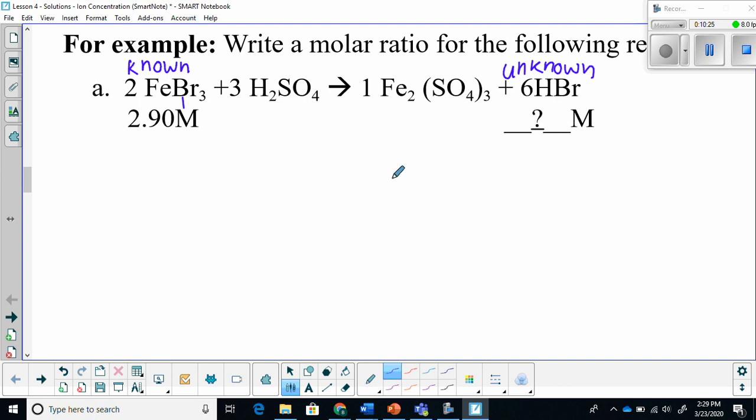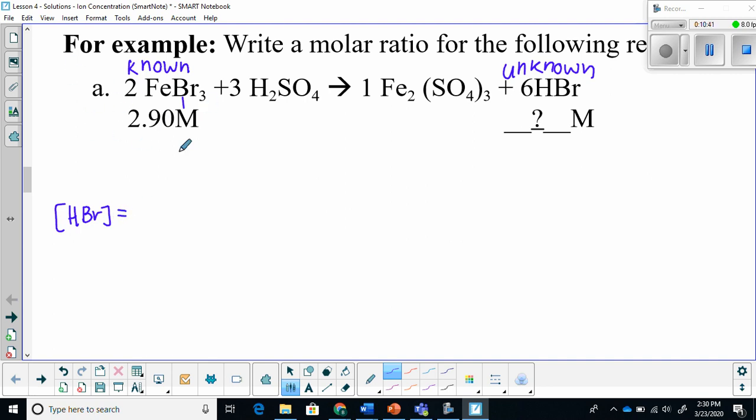We're looking for the concentration of hydrobromic acid, HBr. Like we've been saying, you always start with what you know.